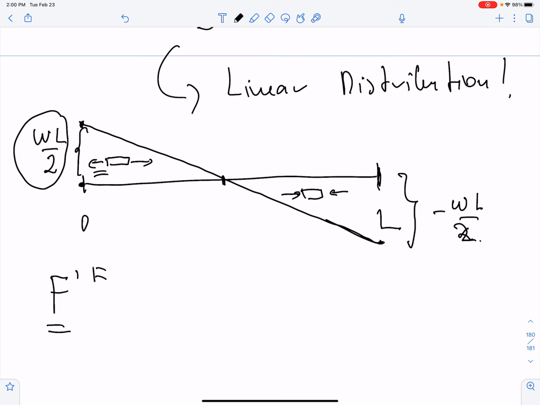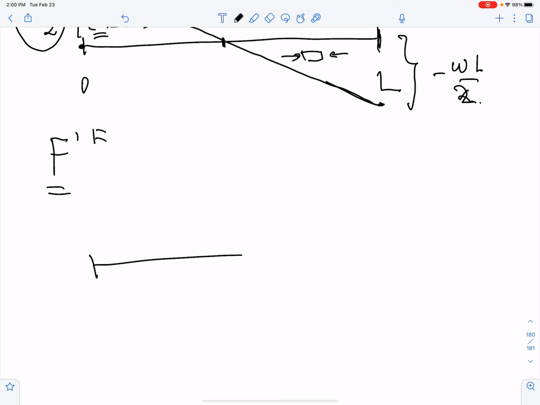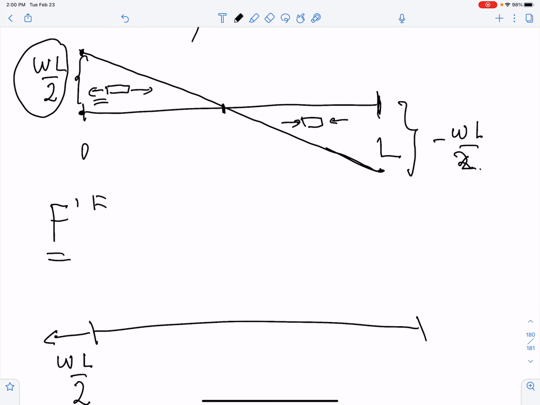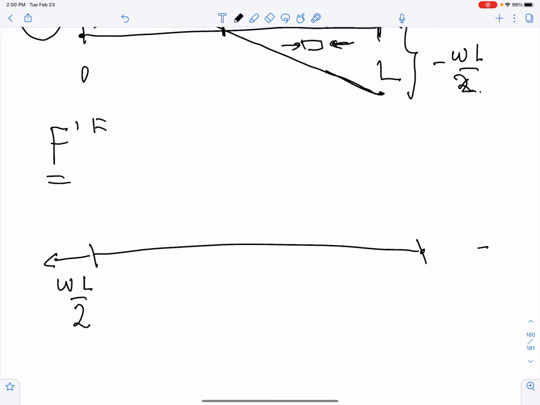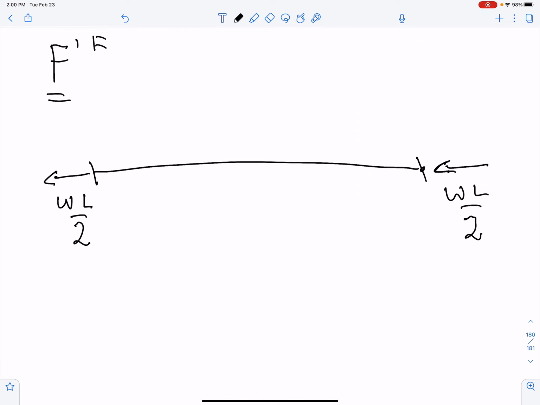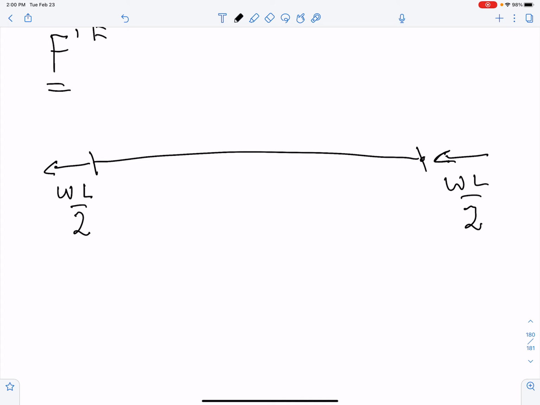So you find that this guy, on the left edge, points to the left and has magnitude WL over 2. You go to the right edge, follow this arrow, it's in compression. So you evaluate and get another force that points to the left with magnitude WL over 2.